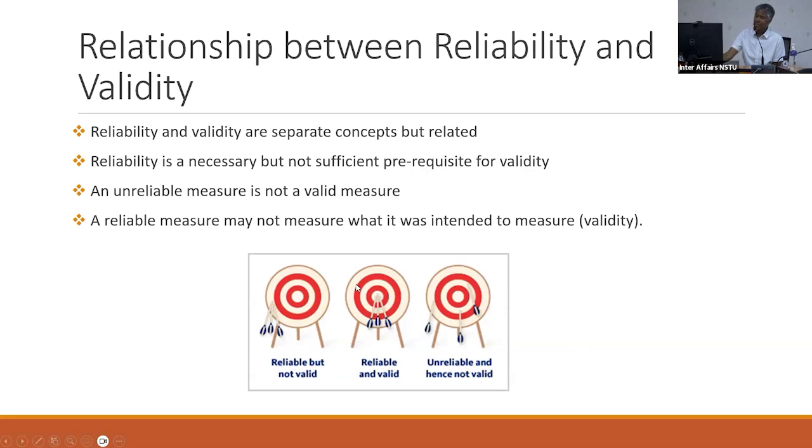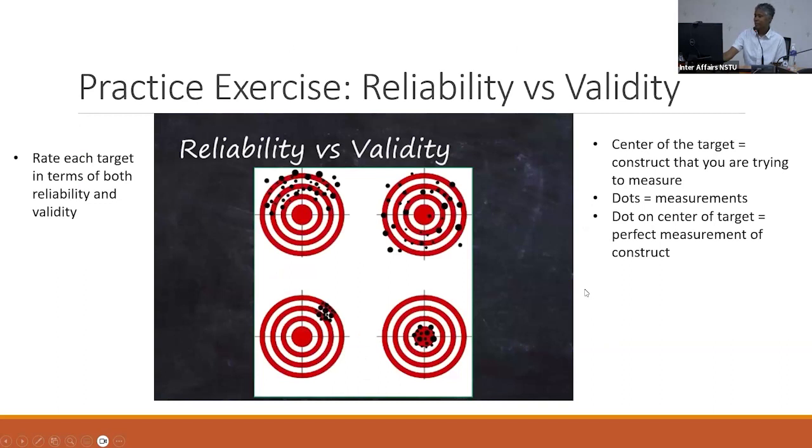The middle one is an example of something that's both reliable and valid. All 3 arrows are in the exact same place, and the bullseye is right in the middle. The third is one that's both unreliable and not valid. All right, so sometimes that helps people to understand that concept.